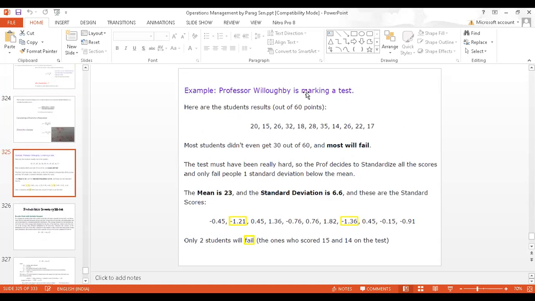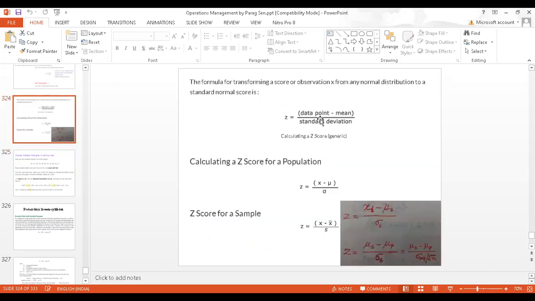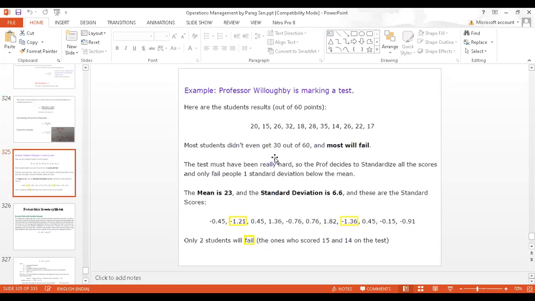Now, if you want to standardize these scores, what will you do? You will use this formula: the data point minus the mean, divided by the standard deviation. So you will calculate the mean first. Mean is 23, and you will subtract the mean from all the individual values in this series, and then divide by the standard deviation, sigma 6.6. If you do that, you will get these values.